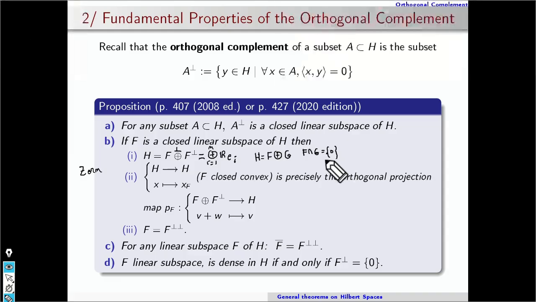So in the infinite dimensional case, one takes a basis of F, and by the incomplete basis theorem, extends it to a basis of the whole space, and then obtains a direct sum.